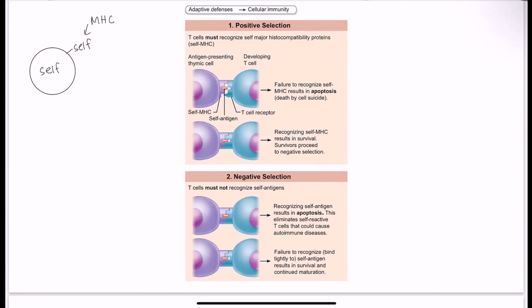I don't understand. That's important because then the T cell is going to ignore us, because the cells are ours. If the T cell recognized our self cells as bad, we would have an autoimmune disorder. If either one of these tests failed, the T cell could not continue being a T cell.